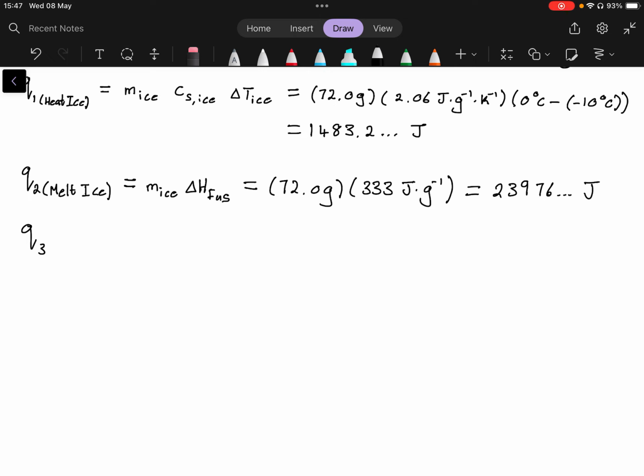Next step. Now we've melted the ice, so we have water, so now we heat the water.